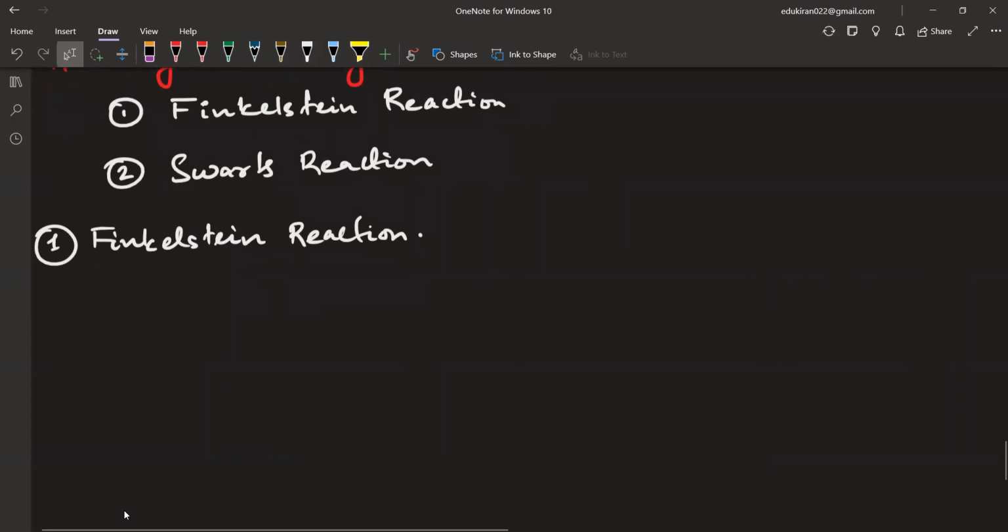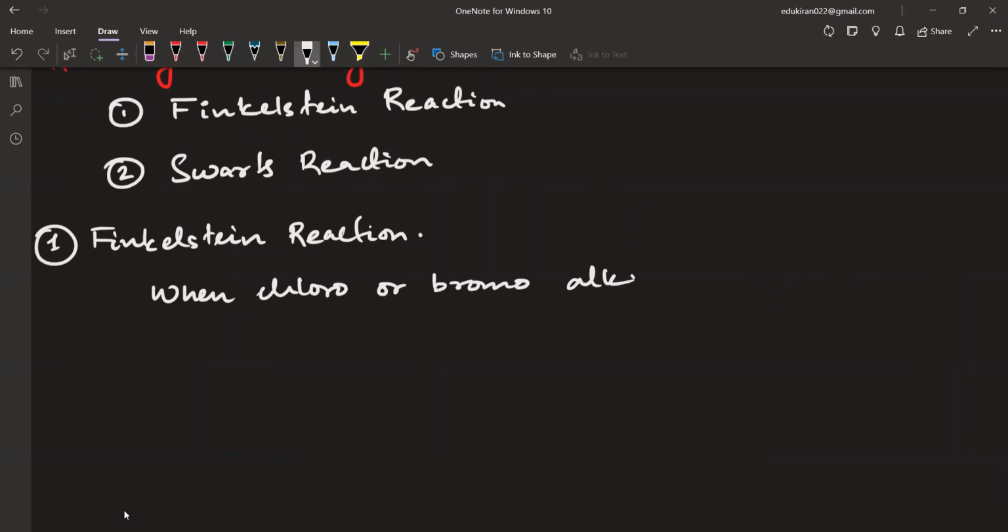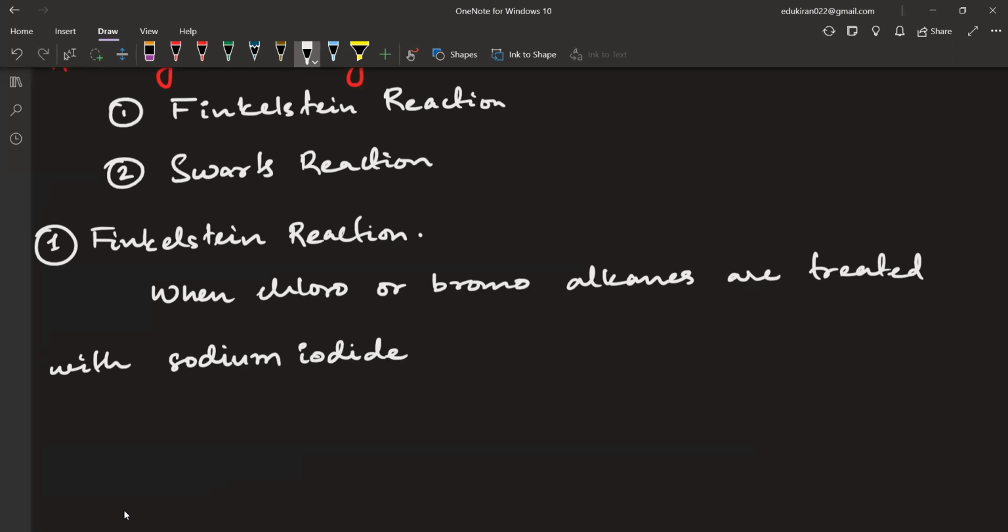Write the statement for this. When chloro or bromo alkanes are treated with sodium iodide in the presence of dry acetone.